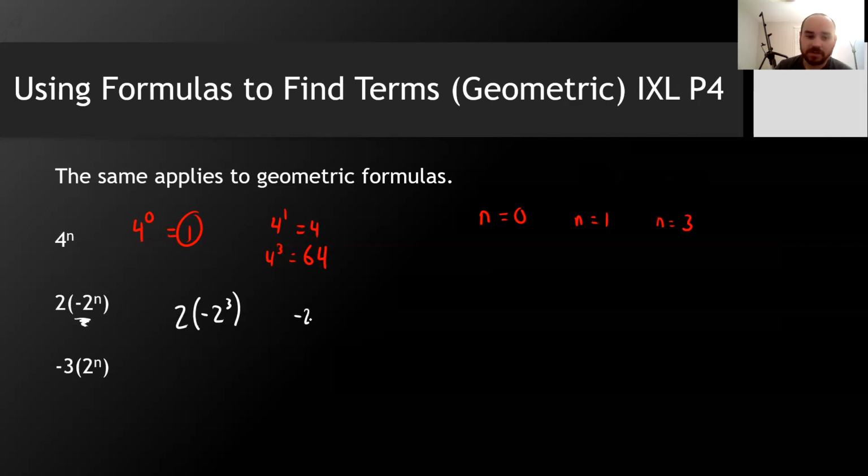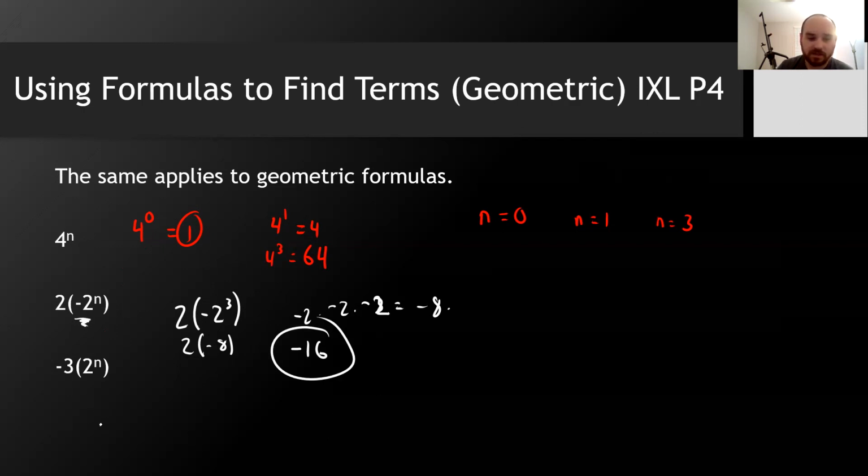So we're going to do -2 times -2 times -2, which is equal to -2 times -2 is +4 times -2 again, that's -8. So that's what we're putting in here. So 2 times -8 gives us -16. So our third term for this sequence would be -16.